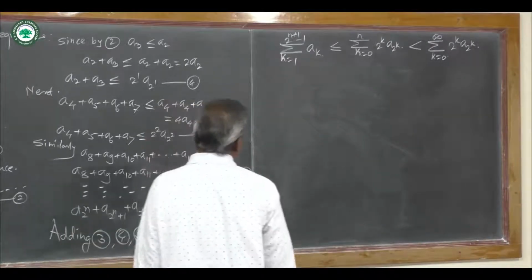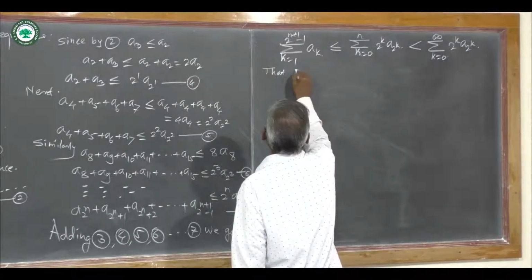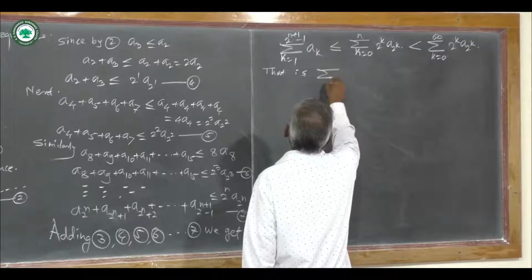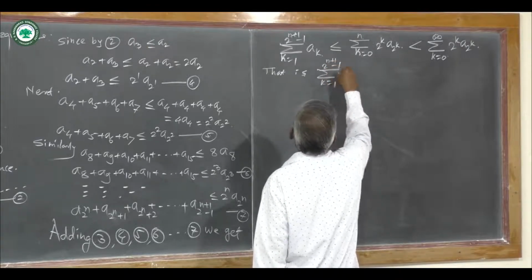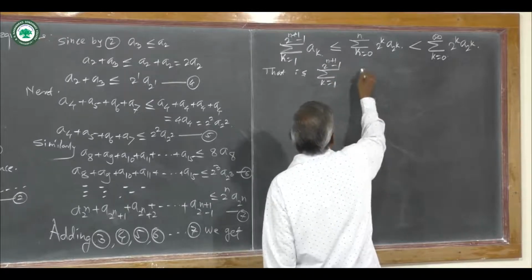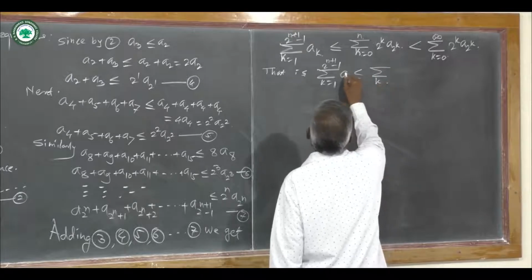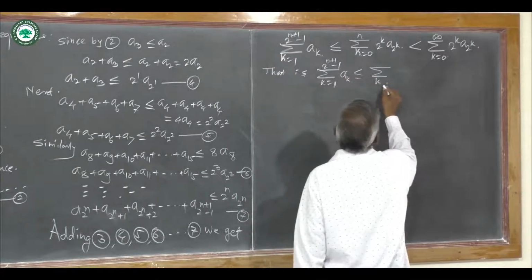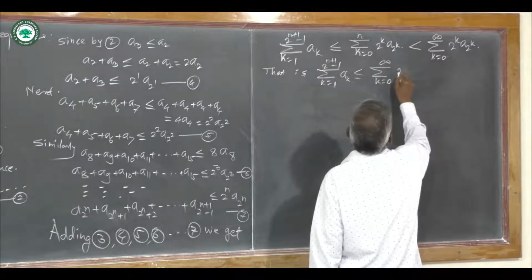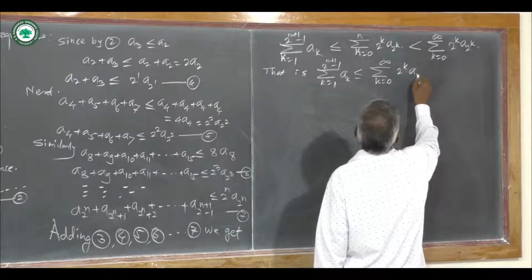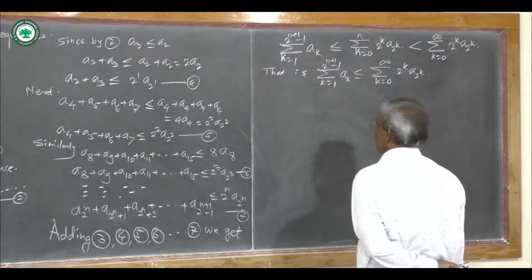Since by hypothesis, that is, we write summation k is equal to 1 to 2 to the power n plus 1 minus 1 of A suffix k is less than or equal to k is equal to 0 to infinity 2 raised to k into A suffix 2 raised to k.